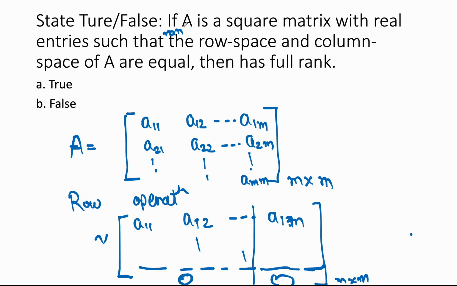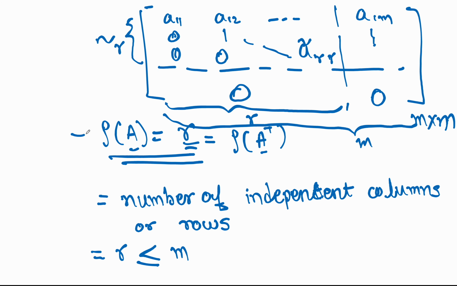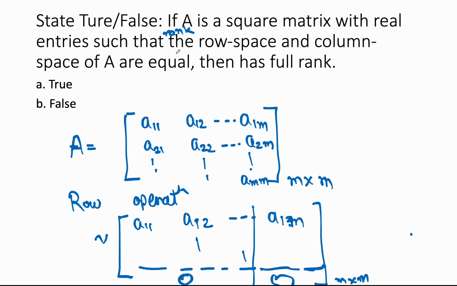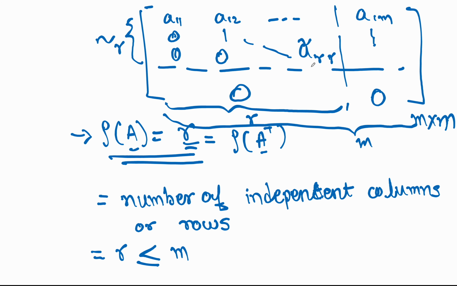Let's say the rank of the row space and column space are equal, because we saw that there is no need to specifically mention the rank of the row and column, because they anyway will be equal. So this statement is redundant because that will always get satisfied. Then A has full rank.